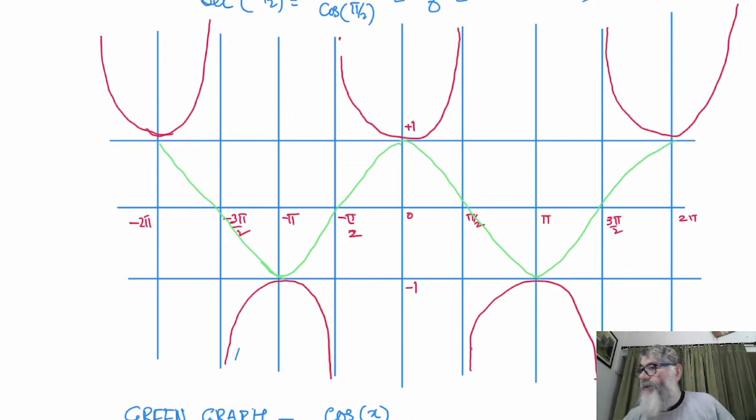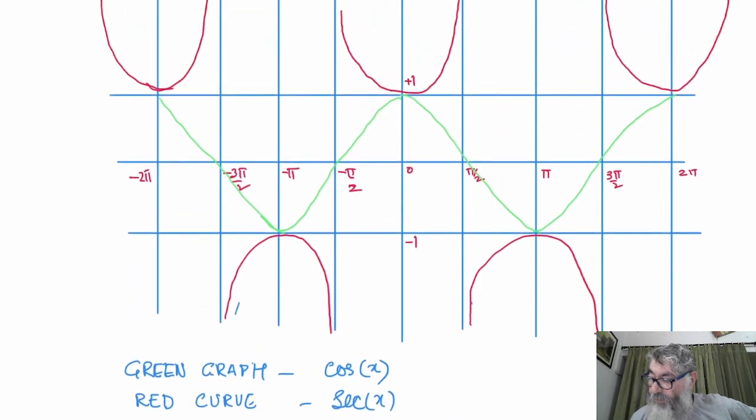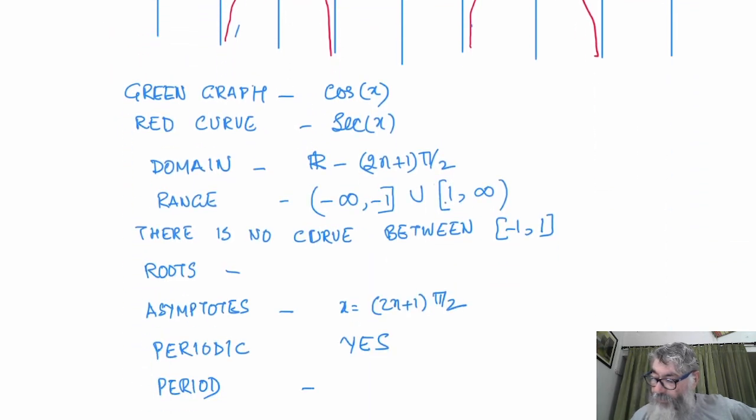Just a moment. It is minus 3 pi by 2, minus pi by 2. Okay, period is 2 pi. Alright.